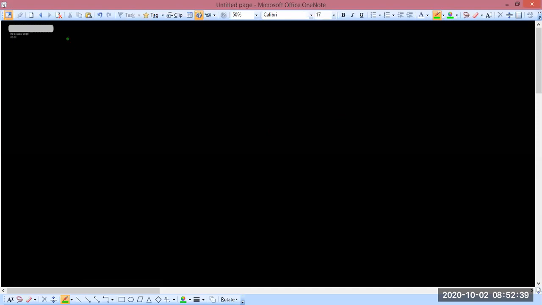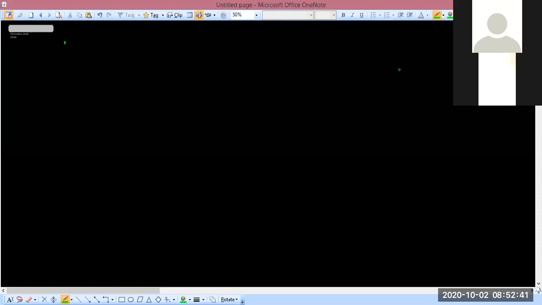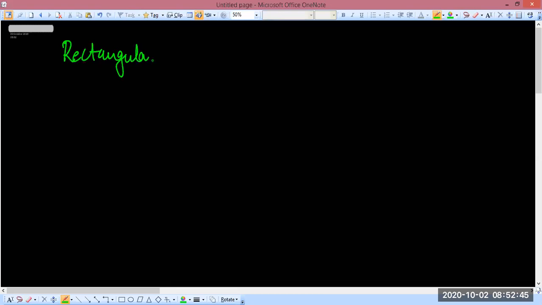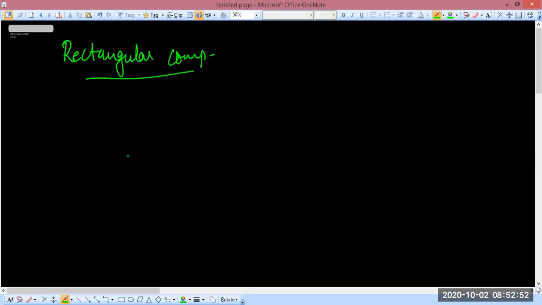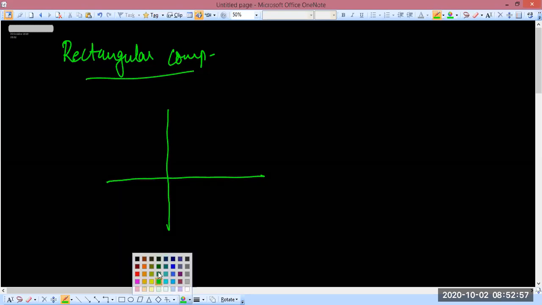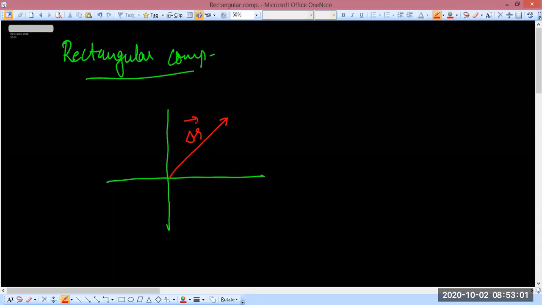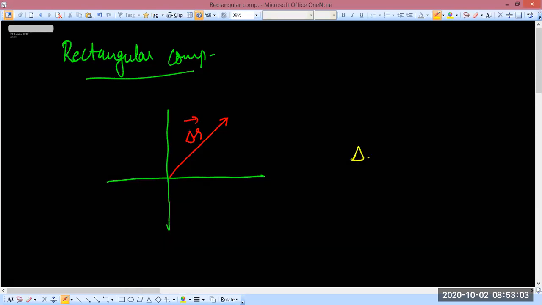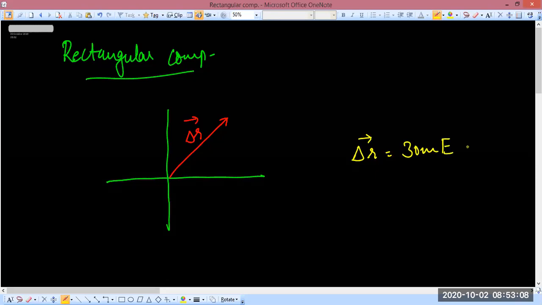So again, coming back to the rectangular components example that I was giving you. We're going to use the same example, where we had the displacement vector, let's say like this, and we said that this delta r vector is in two parts, for example 30-meter east and 40-meter north.